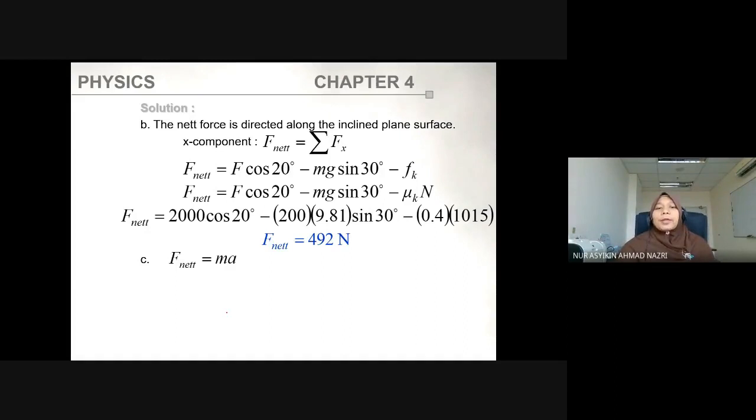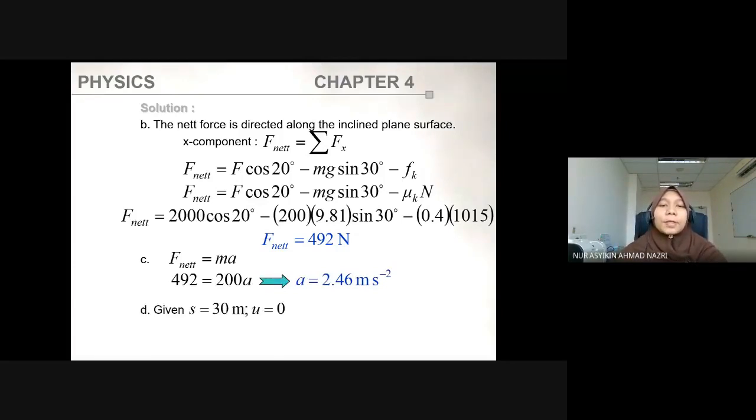Alright. Then you need to find acceleration. Okay, so acceleration, use your F net. Since we already find the F net, effective force, resultant force, then we equate dengan MA sahaja, then you may find your value of acceleration. And again, since acceleration is vector, so please provide also the direction.